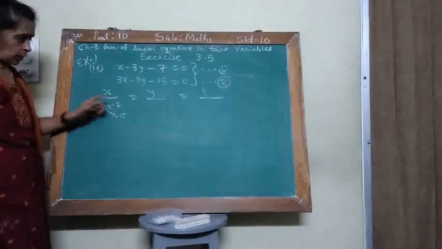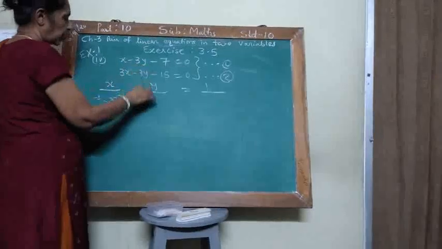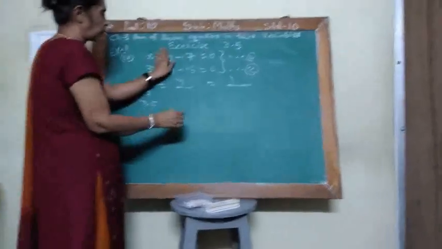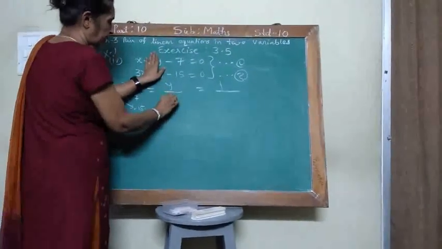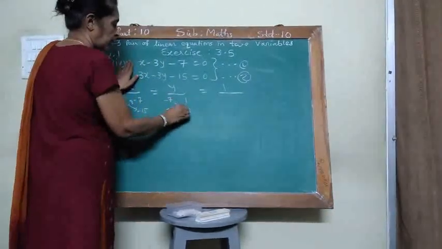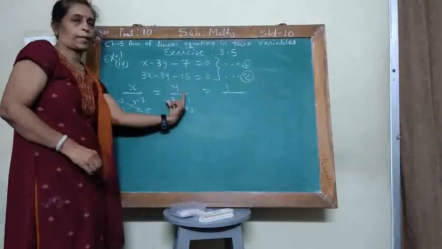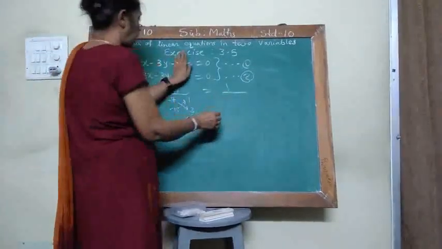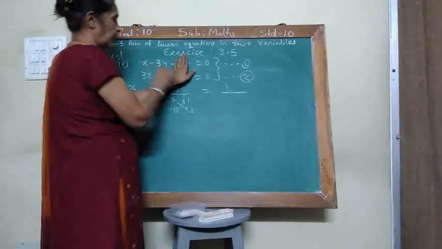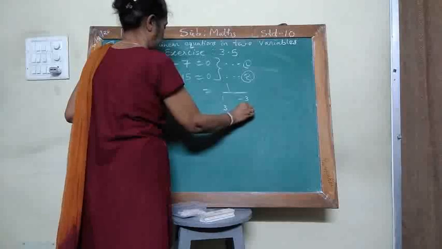Downward arrow, and minus upward. So here for y upon, you put your hand on the third column: minus 7, minus 15, 1, 3. Product of these two minus product of these two. 1 upon, put your hand here on the first column, 1, 3, second minus.